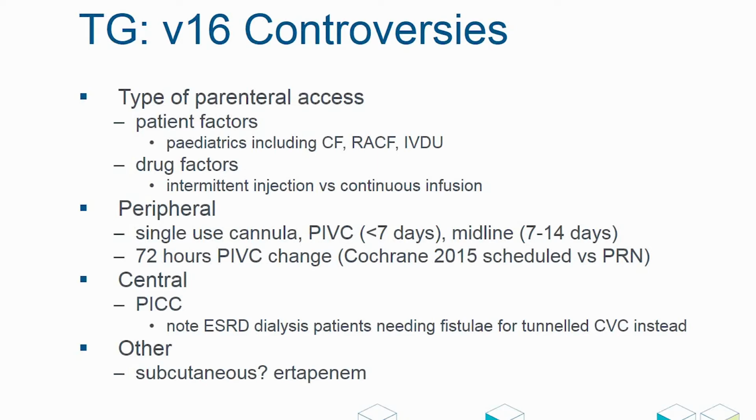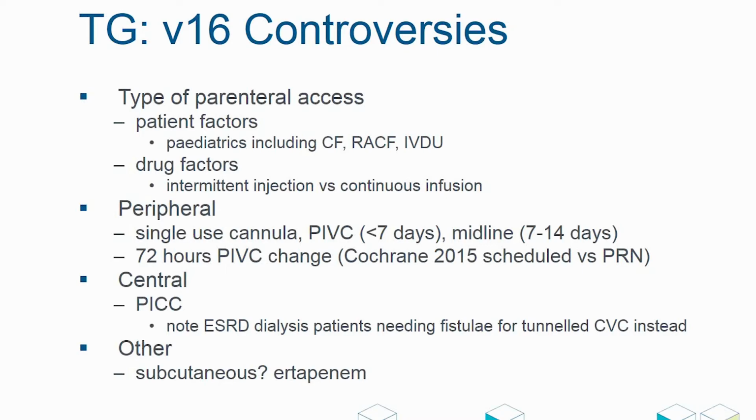The practice in this study was actually that they were only changing the lines when they became blocked or unusable, rather than a scheduled 72-hour change, which is what would normally be recommended. And certainly there's discussion of this in the Cochrane review in 2015, which seems to imply that a PRN change of lines may be indicated in some cases.